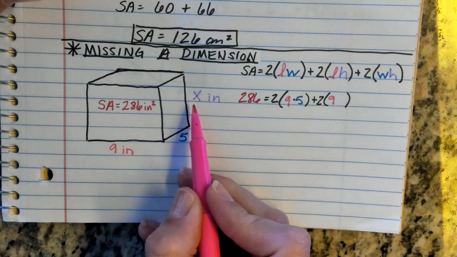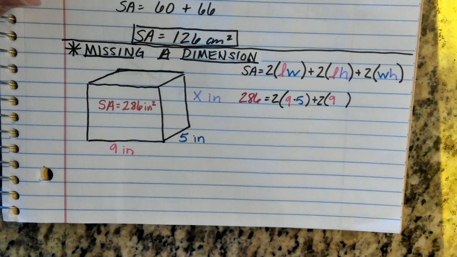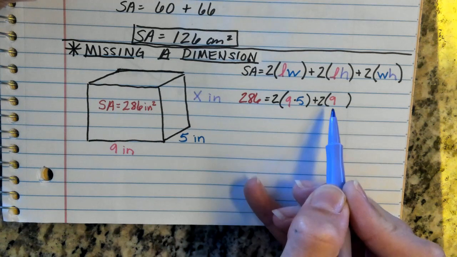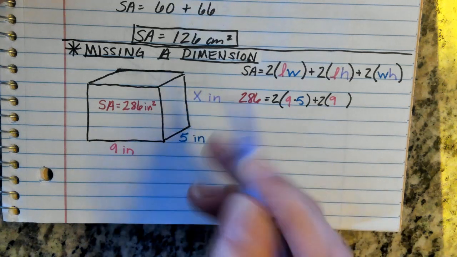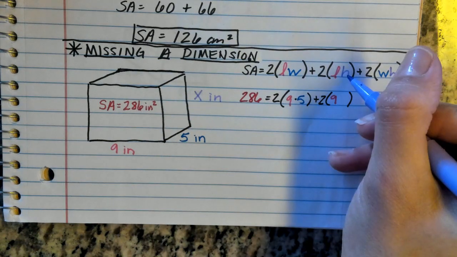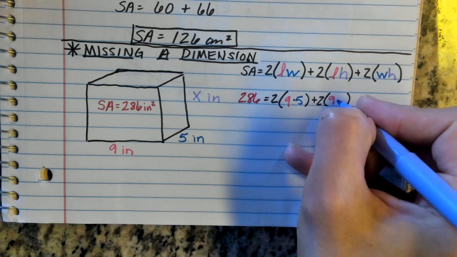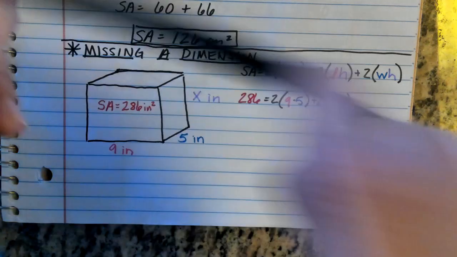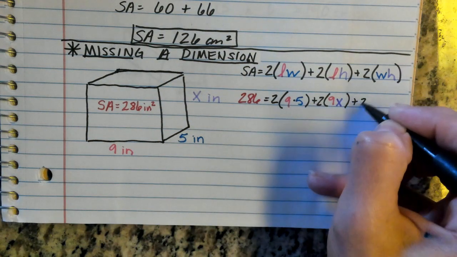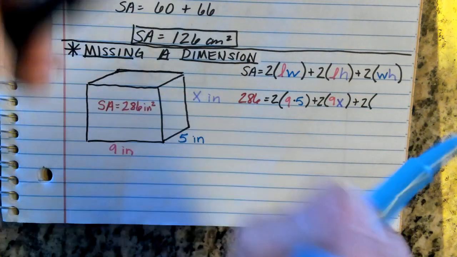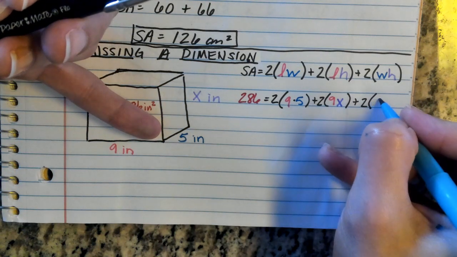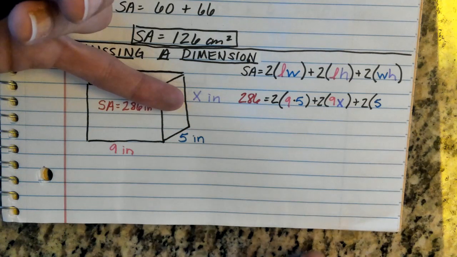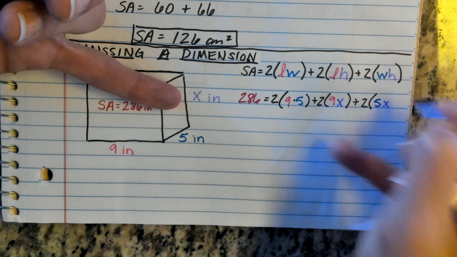Our height, if we notice, is the missing one. So instead of putting the multiplication dot here, I know that anything times a letter, we just put together. You can either use the H or you can use the X in this case. We'll have 9x plus 2 times, again, the 5 here for our width. This is why I color coordinated it, times our height, again, of that x.